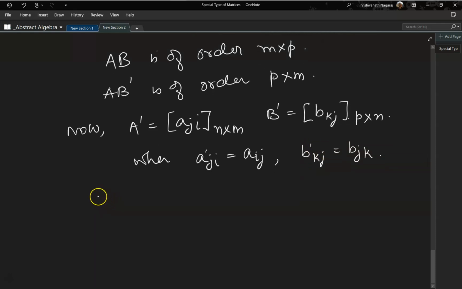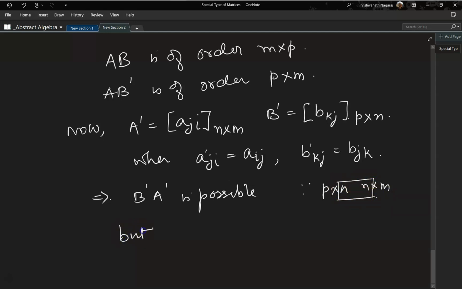Which implies B'A' is possible, since B' is p by n and A' is n by m, so these two inner orders are equal.